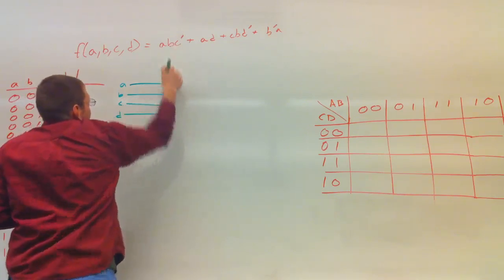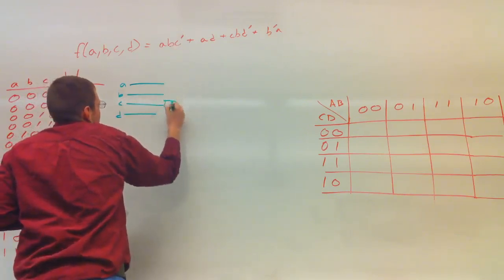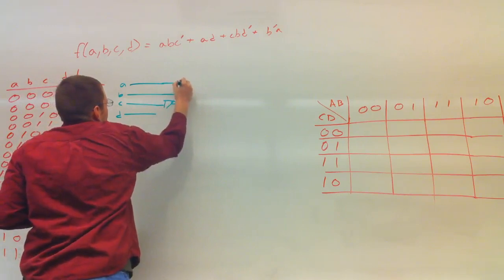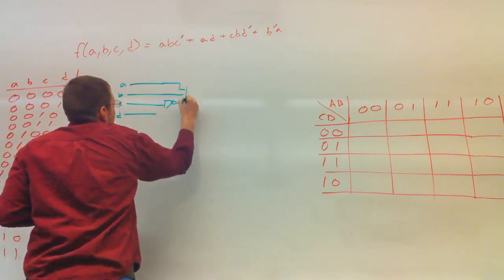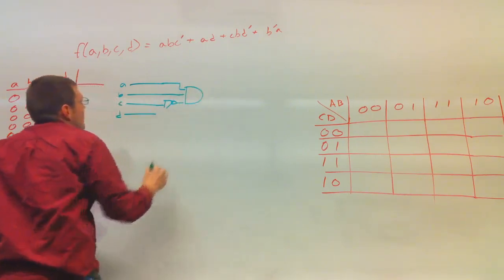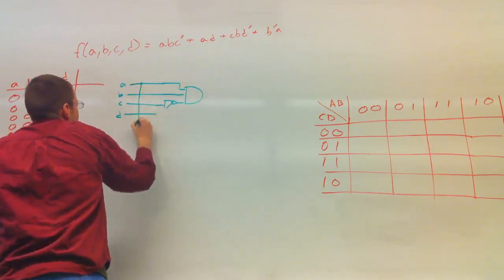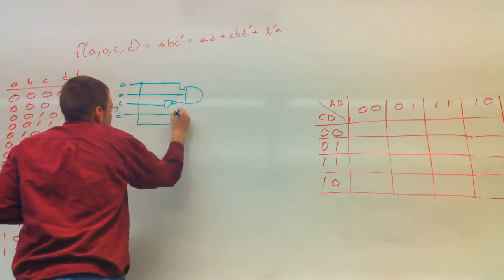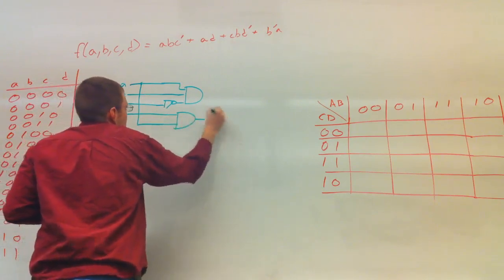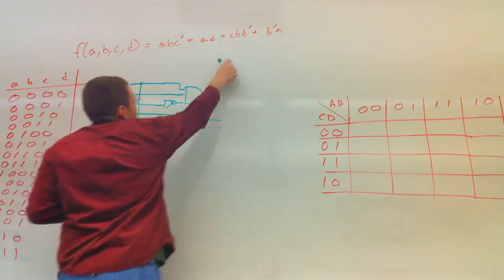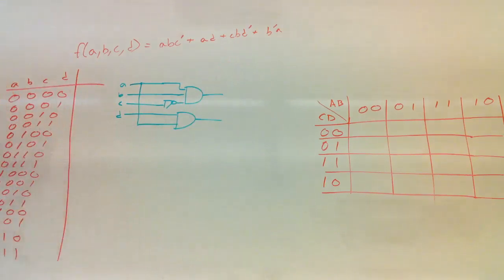And we got naught C first. Then we're going to add them together. Then we're going to add A and D together. Then we got B, C, B, D naught.